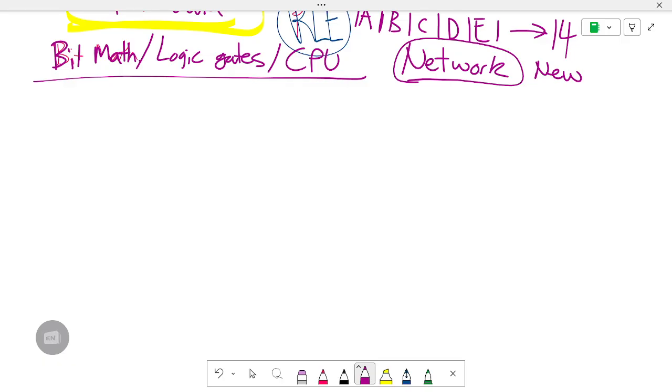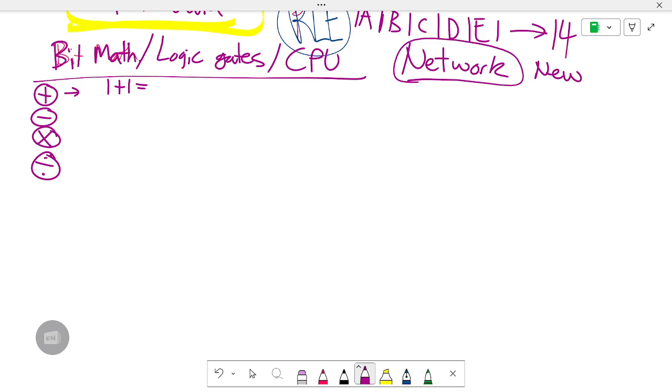So here's the quick condensed summary. For math, you need to be able to add, subtract, multiply, divide. Let's put the rules. For add, 1 plus 1 is equal to what? This is binary.